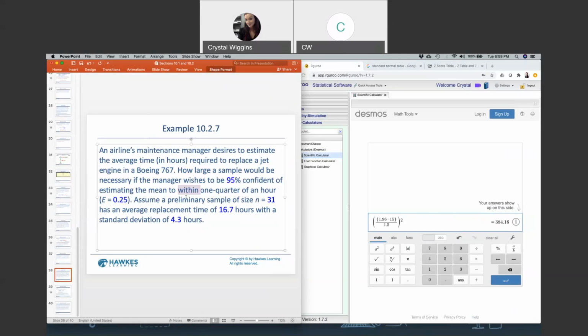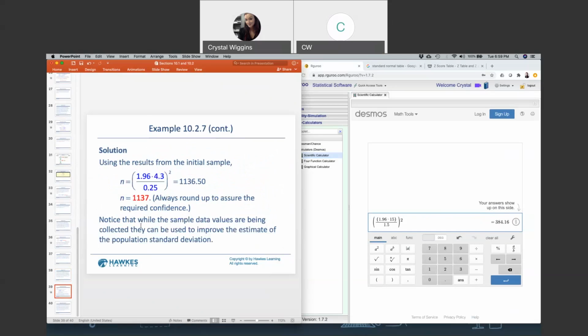Assume the preliminary sample size is 31, has an average replacement time of 16.7 hours with a standard deviation of 4.3. So since we're only doing minimum sample size, that sample mean and standard deviation was extra information that was not needed in order to calculate this specific calculation. We take the 1.96, which was the critical value for 95%, and we multiply it by the standard deviation of 4.3.